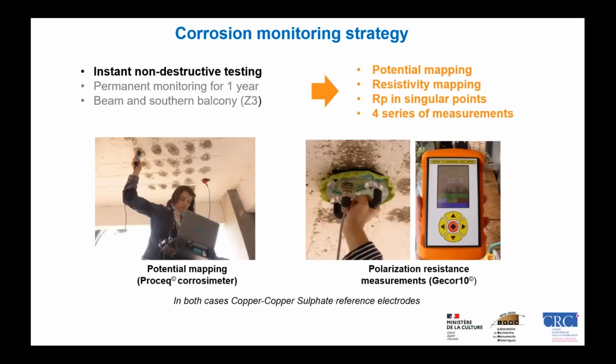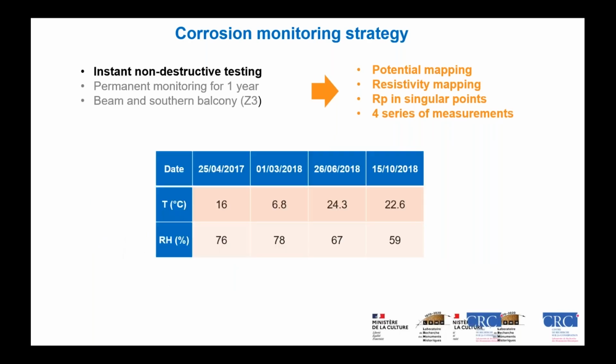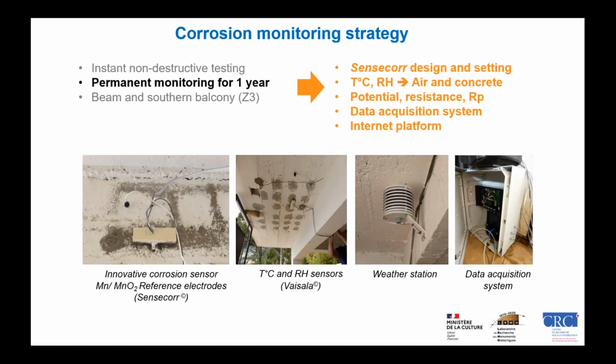Because if I come back to the instant non-destructive testing, we perform the test only once every 4 or 5 months. But we know that those measurements are strongly dependent on the temperature and humidity. So with the monitoring, we could have some data every half an hour.